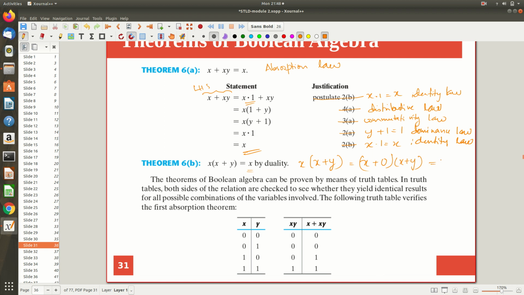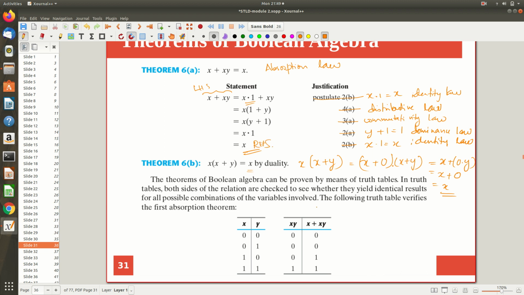You can take this x plus outside, then 0 dot y, because in between I am having dot, that dot is coming here, right? Now tell me what is 0 dot y. 0 dot y is 0 by dominance law again, right? And x plus 0 is nothing but x by identity law, right? That is how you are reaching the right hand side.